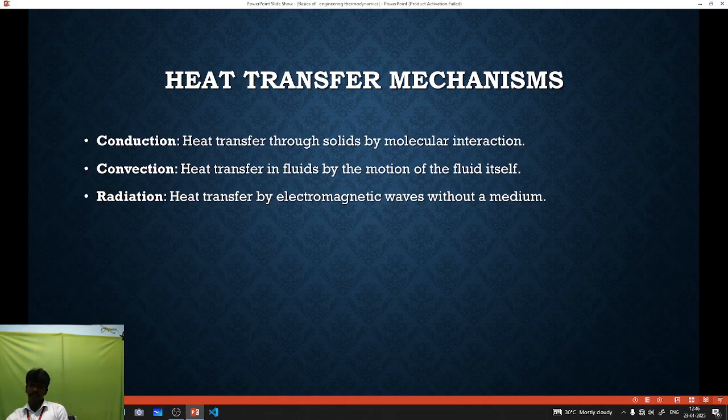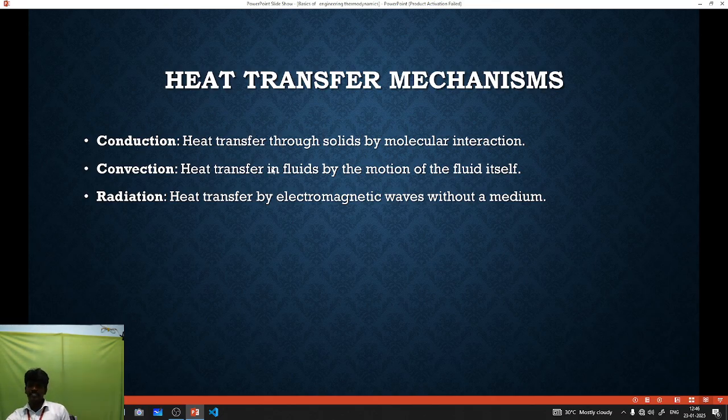Then heat transfer mechanisms. We already know that heat is transferred by mechanisms, majorly three: conduction, convection, radiation, and then further boiling and melting. Conduction means heat transfer through solids by molecule interactions: if you take a solid, the movement of molecules through the solid is conduction.